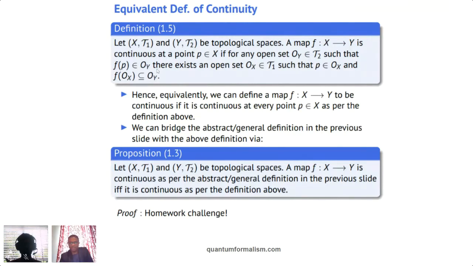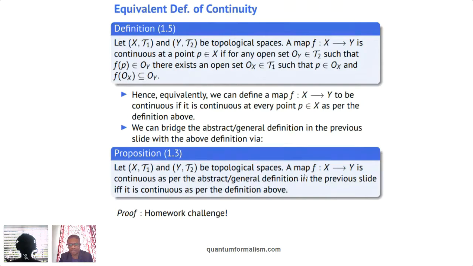So this is continuity at P. You can then say F is continuous if it is continuous at every point in the sense of this definition. You can bridge the two definitions through this proposition that I will leave for you to try to prove.